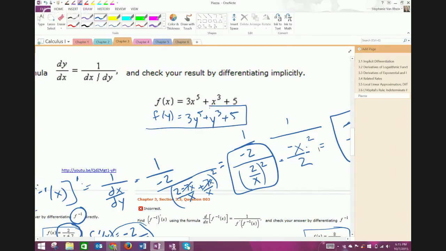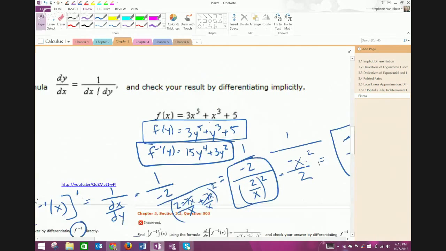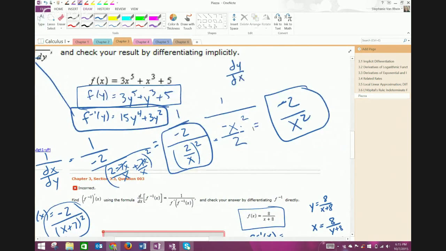I can differentiate this with respect to y. That would be 15y to the 4th plus 3y squared. Then I can just plug that into the denominator. So dy over dx is 1 over 15y to the 4th plus 3y squared.